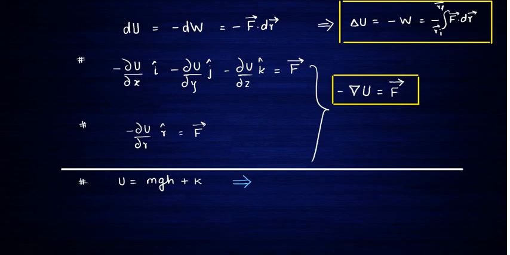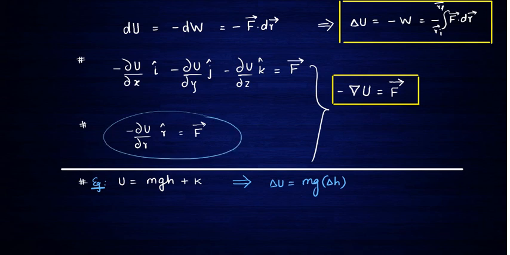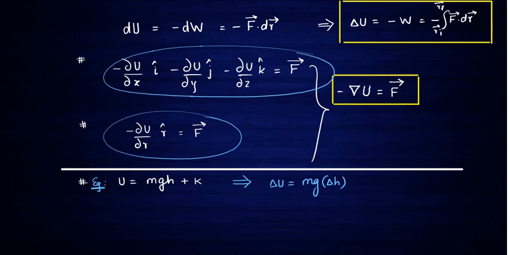So basically this implies that delta u is equal to mg delta h irrespective of the value of k. So this is just an example. So we can always add an arbitrary constant to the potential energy expression, because in order to find out the force, whenever we differentiate the potential energy using this expression or using this expression, the derivative of the constant is anyway going to be 0.